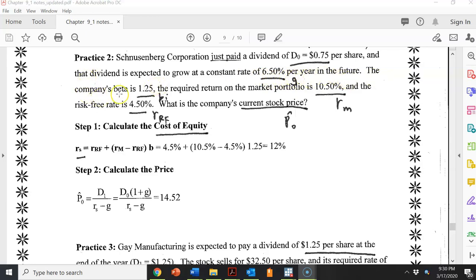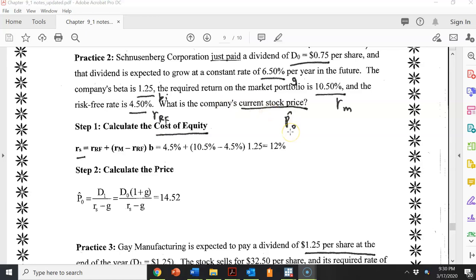The company's beta is 1.25. Required return on the market portfolio, RM, market return, is 10.5%. Risk-free rate, RRF, is 4.5%. What is the stock price?